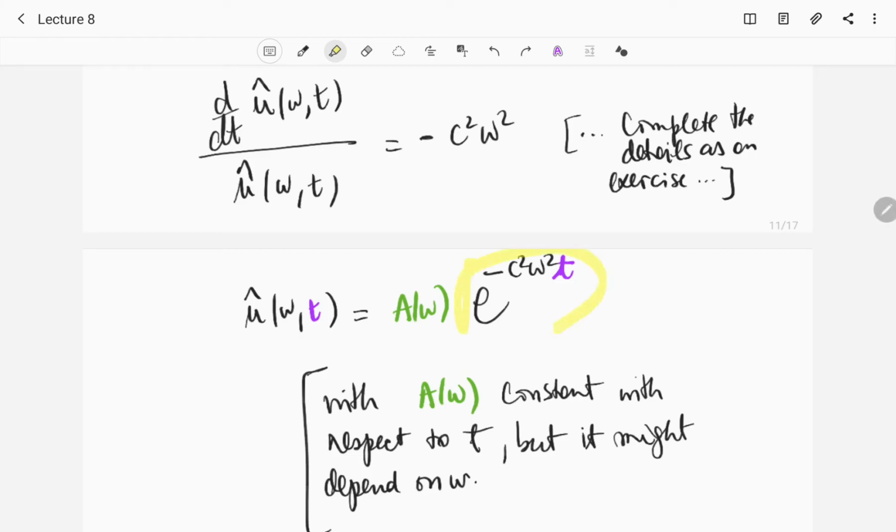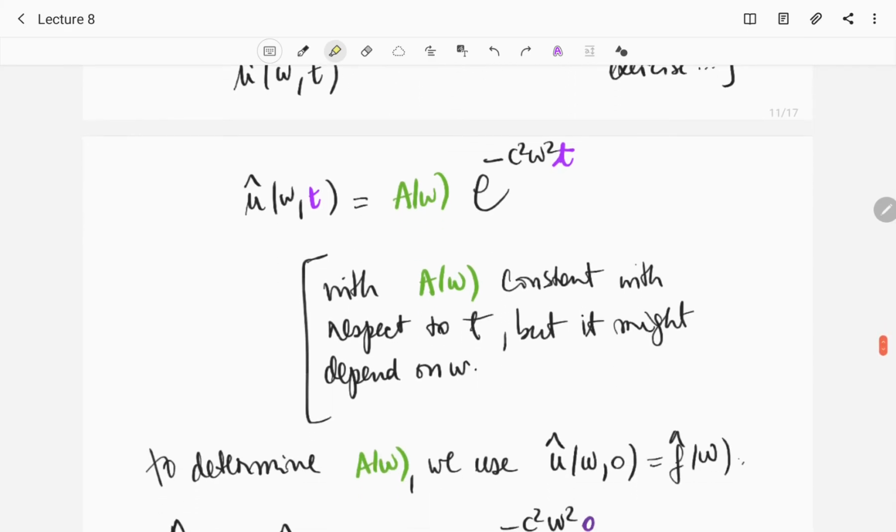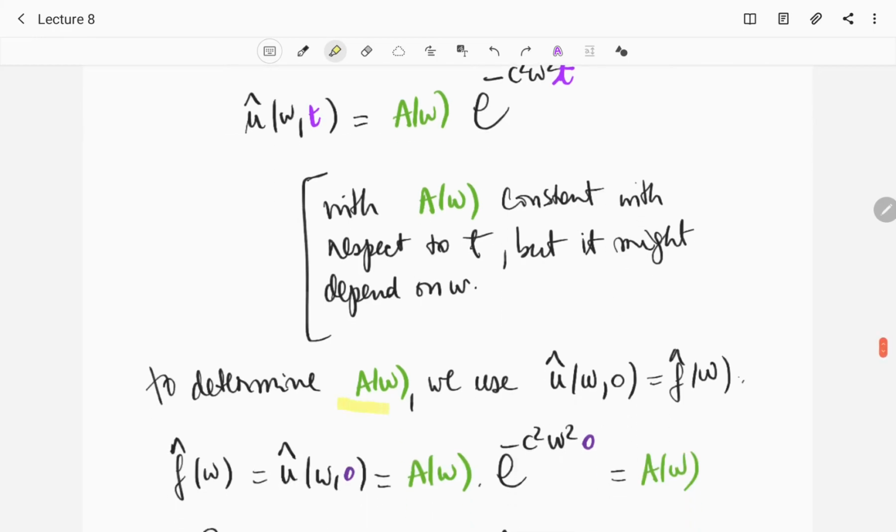Okay, and this exponential is the function, let's say. So we have one function to determine and we have one initial condition, so we are okay. To determine this function A of omega, we just use this information, which is our initial condition for the ODE.